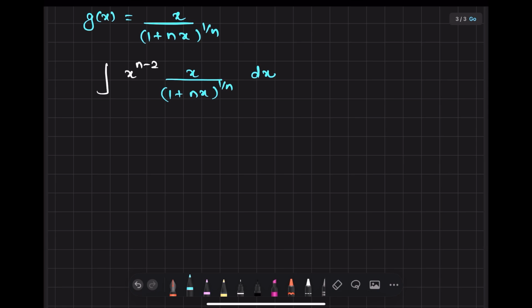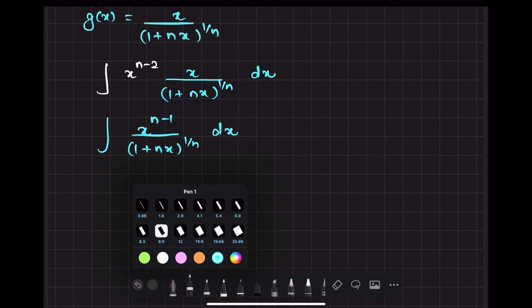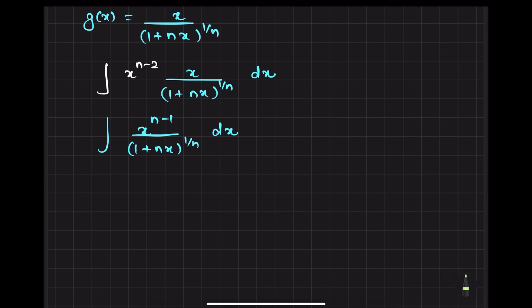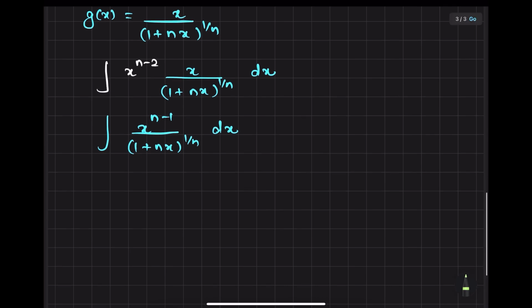If you will simplify the numerator, we will be having x to the power n minus 1 and then (1 plus nx power n) power 1 by n dx. Now you have to integrate this function. So don't you think that this thing is a bit ugly? If it is ugly, you know that you have to take something as z.